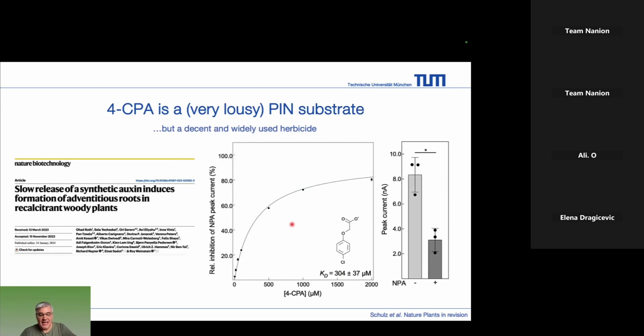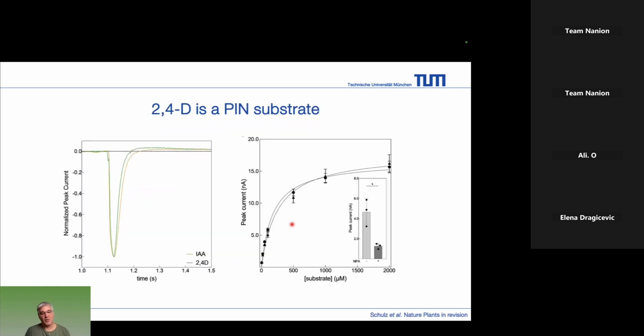So nevertheless, we looked at this 4-CPA and we found, well, it's a PIN substrate. Then we also looked at the most notorious and prominent of these auxins, which is 2,4-D, that has 2 chlorine residues in the ring system. And we found that also 2,4-D is a PIN substrate. And what you can see here, this here is the on peak of IAA, and this here is the on peak in green for 2,4-D.